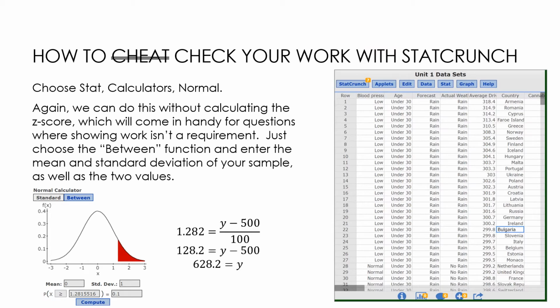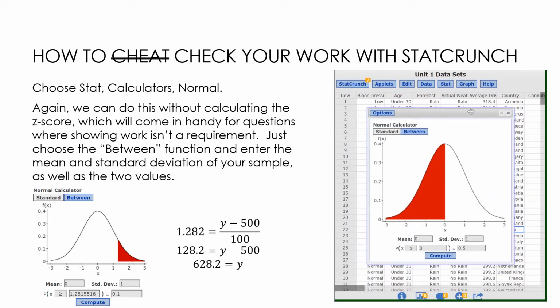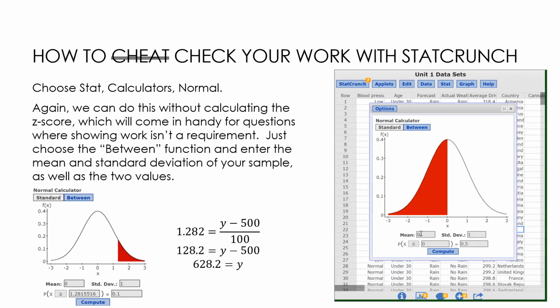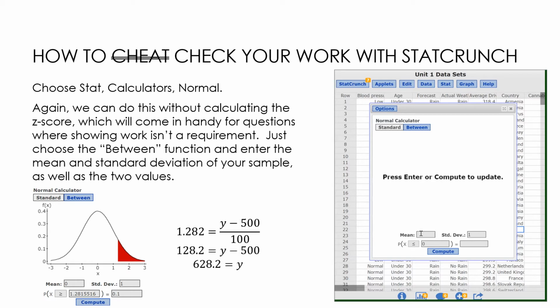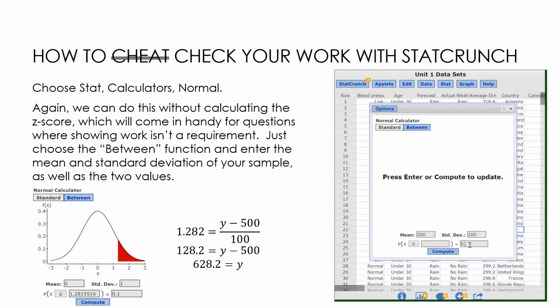Now, just as before, there is a way for us to possibly cheat a little bit in order to find the solution. And so in StatCrunch, I'm going to go to Stat, Calculators, Normal, which should be just second nature to you at this point, hopefully. And again, to cheat a little bit, I'm going to use a mean of 500 and a standard deviation of 100. And I want, again, the area to the right to be 10%.